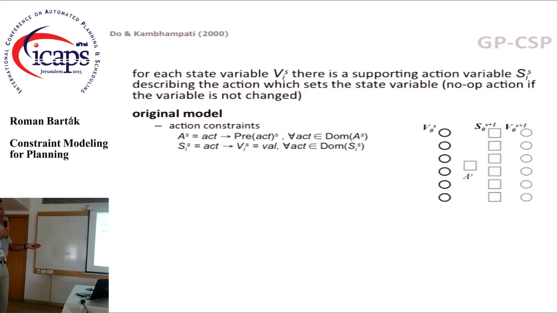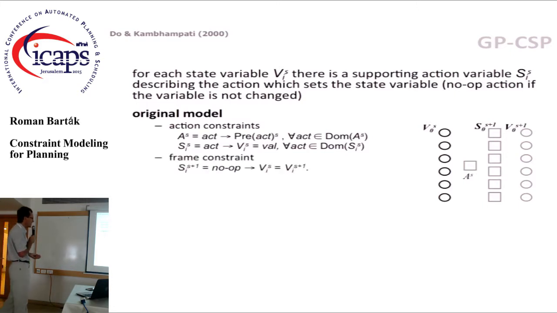And this is the effect action, which is defined between a pair of these two variables, the action and the state variable. And then the frame constraint is defined by setting the constraint that if this is a no-op, then I know that these specific variables must be equal. So the no-op is described between each row in this diagram.